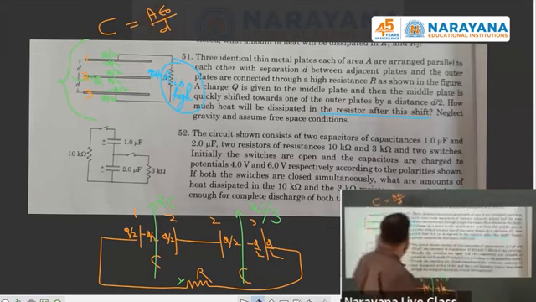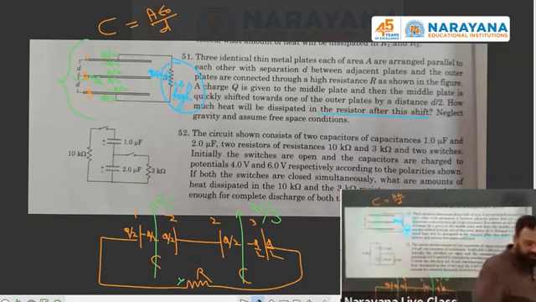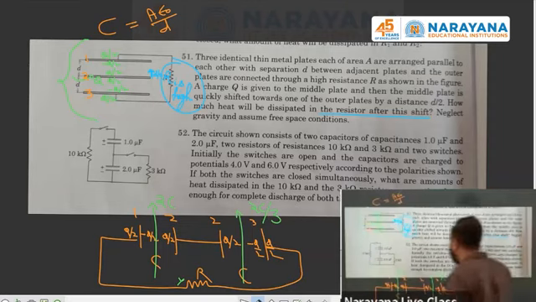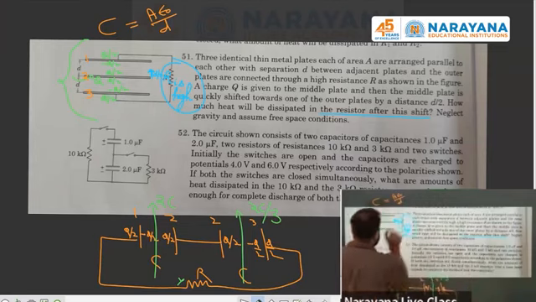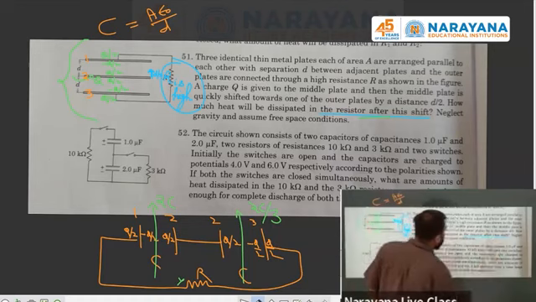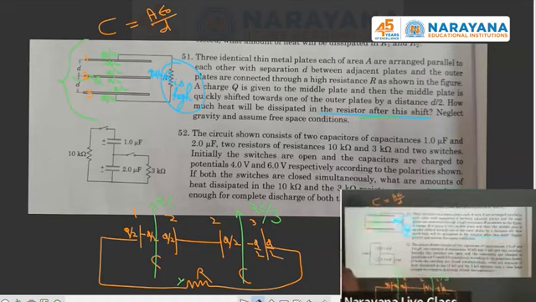Can there be any redistribution of charge? No. So people can say the charges will remain the same and capacitance has changed. So you can write the term of energy or whatever you want to write. Now the question will start. The question says, if you suddenly move it and now stop, then afterwards, how much heat will be generated from the resistor? That was the question.